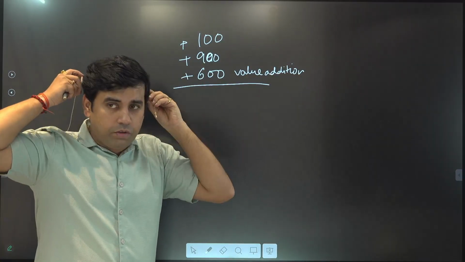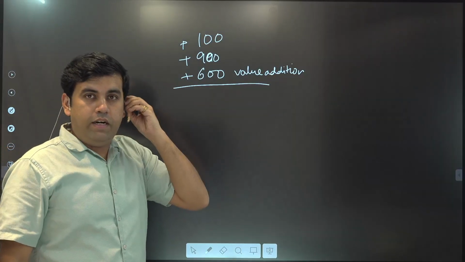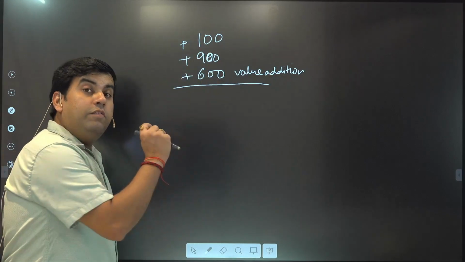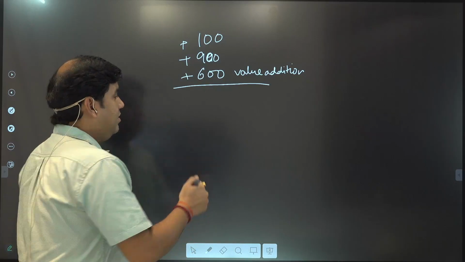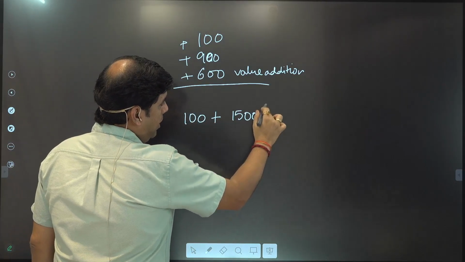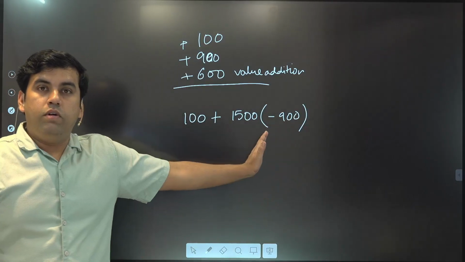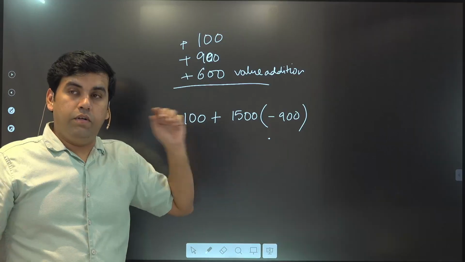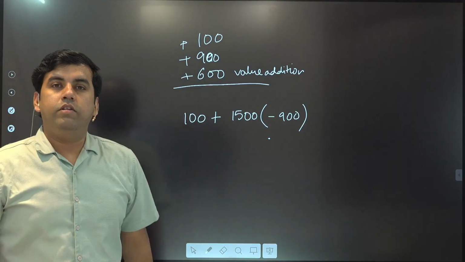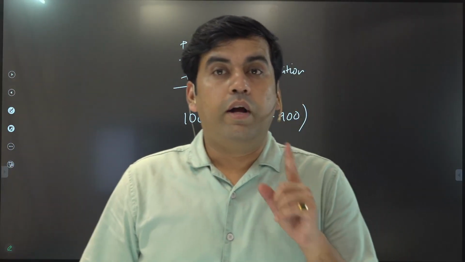Before GST, VAT was very prominent. Or the method which the government uses is 100 plus 1500 minus 900. So subtraction of intermediate good. This is used for the product method.